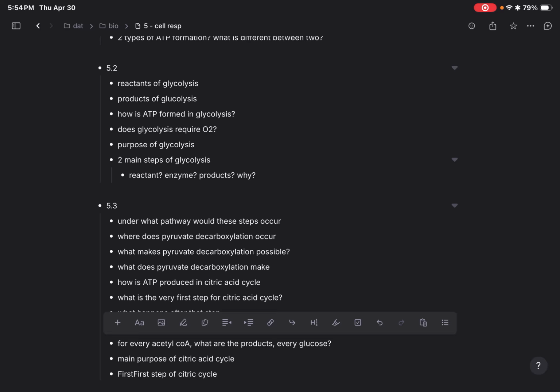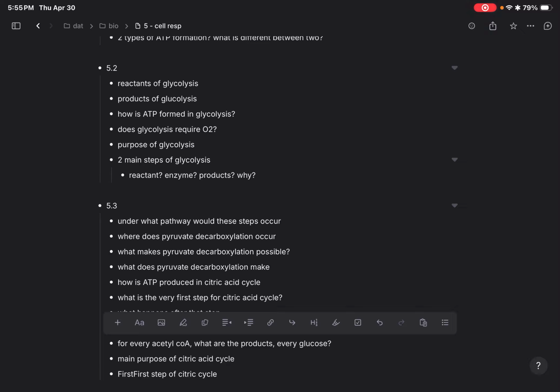So what are the reactants of glycolysis? Well, we're going to put in ATP. We're going to put in NAD+. Do we put in FAD? Oh no, we don't. We don't have FAD here.